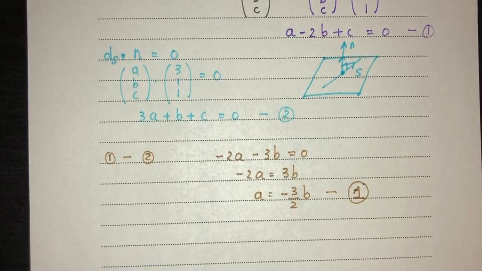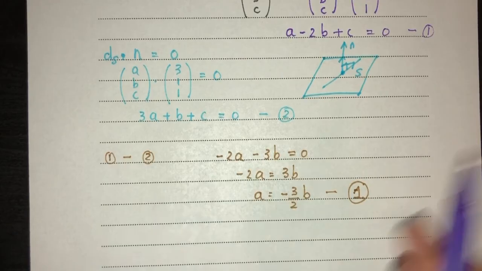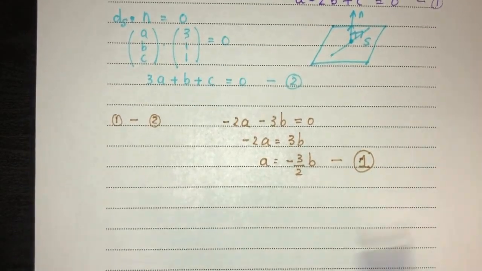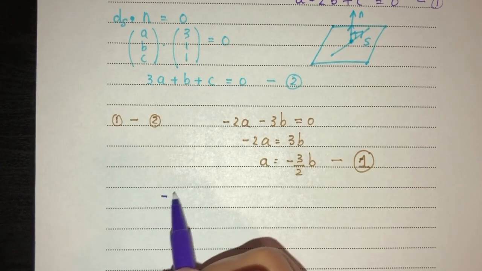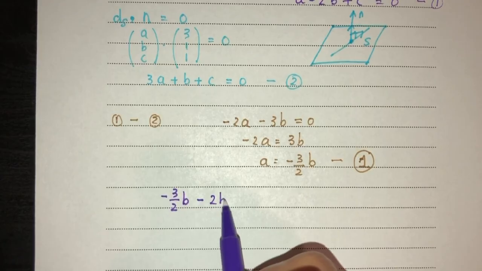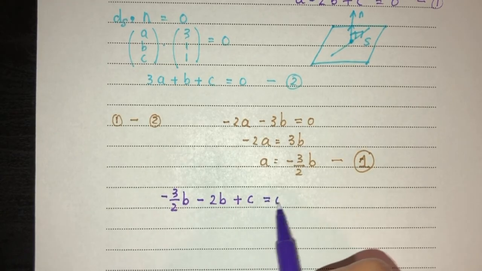Now replace the value of A back in the equation. Let's say I put this back in the first one. You will have minus 3 over 2 B minus 2B plus C equal to 0.